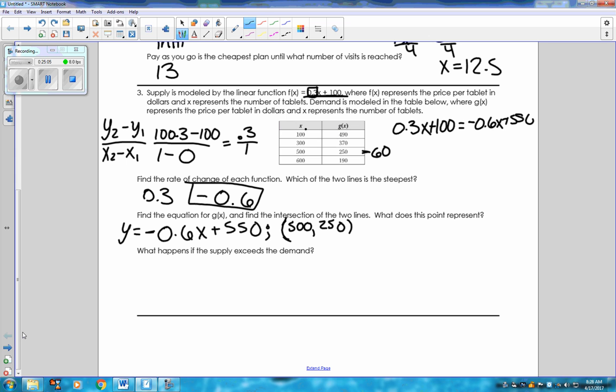So when I solve for x in this equation, we should have gotten that x equals 500. Is everyone okay with that step? To find the other point, my y value, I had to plug 500 back into one of the equations. When you plug it back in, you should have gotten 250.